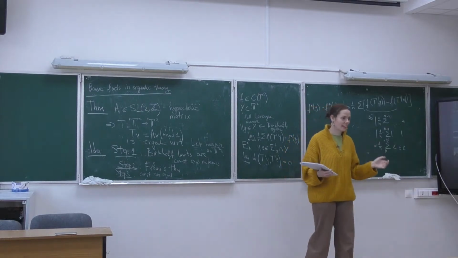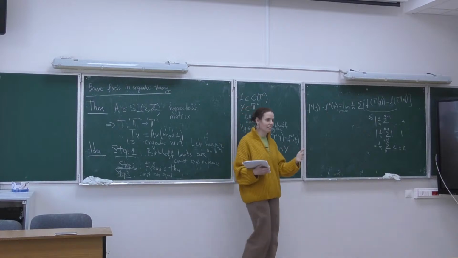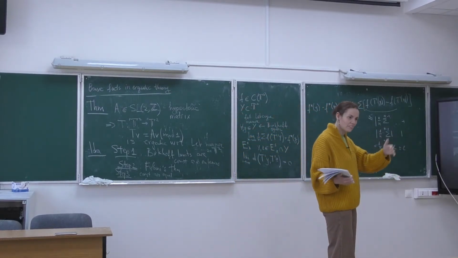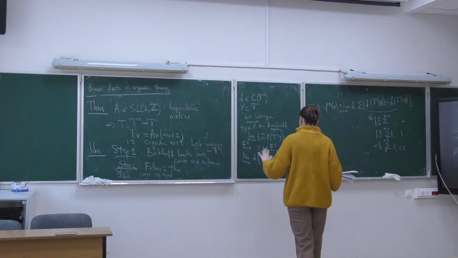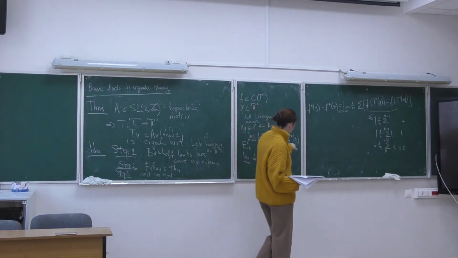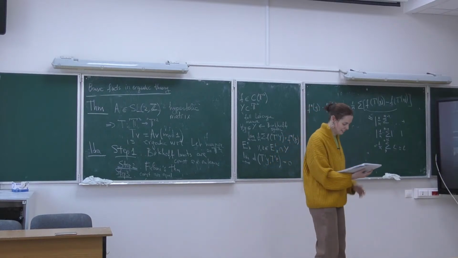So this f star on the leaf of the stable foliation is almost everywhere constant. We don't know which constant it is, and maybe on every leaf it's a different constant. From what we did now, it doesn't follow that it's not true. But at least we know that almost everywhere on a given leaf, this function should be a constant.